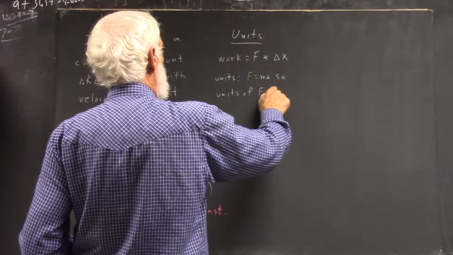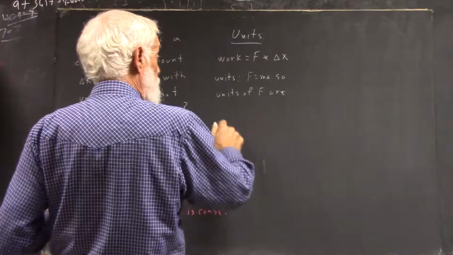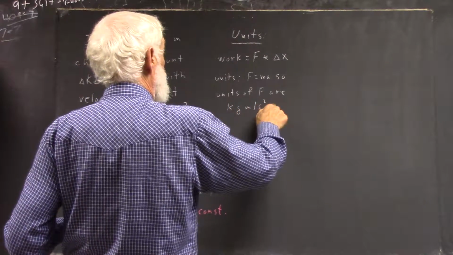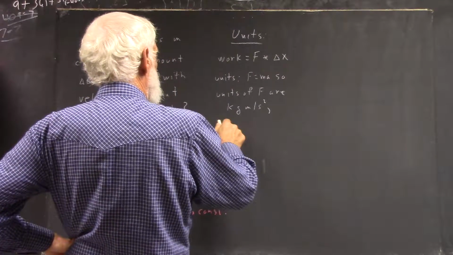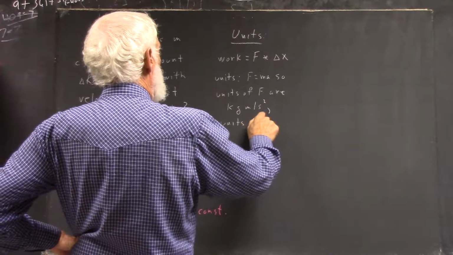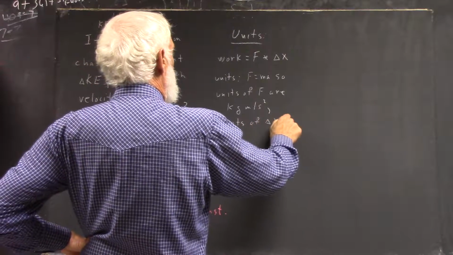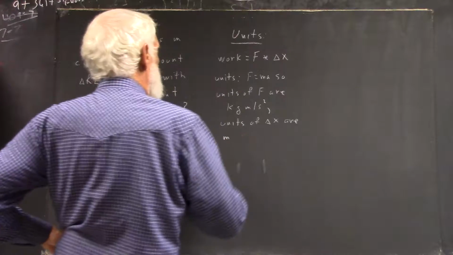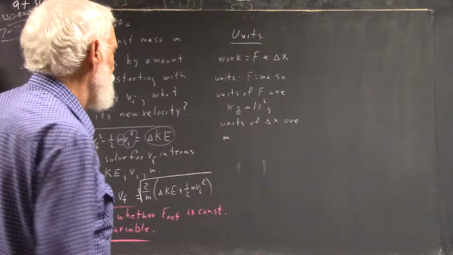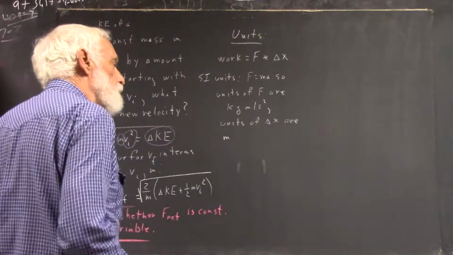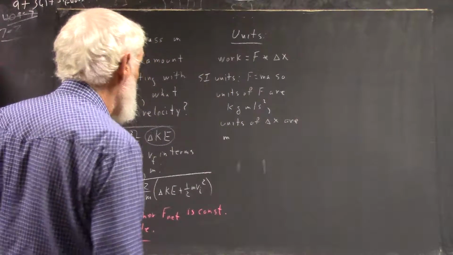So units of F are units of mass times units of acceleration, kilogram meters per second squared. Units of delta x are meters, and I'm talking SI units.